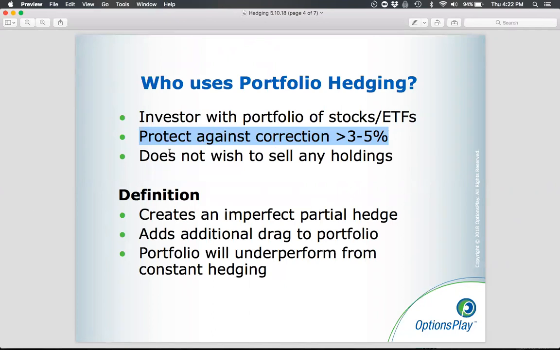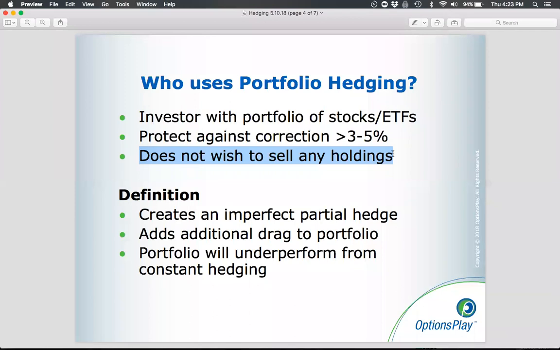And lastly, it's for those of you that expect a correction in a portfolio of stocks that you own, and you do not wish to sell any of your holdings. So for those of you that own dividend-paying stocks and you want to continue collecting those dividends, or maybe stocks that you've owned for a long time and you don't want to get rid of them because you plan on holding onto them and giving them to someone when you pass, these are the types of holdings that you would typically want to use a portfolio hedge on.